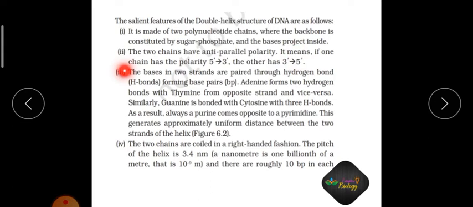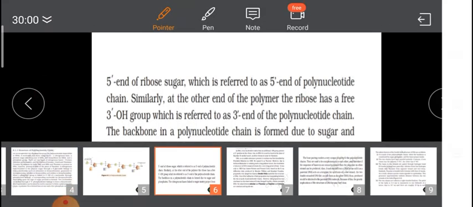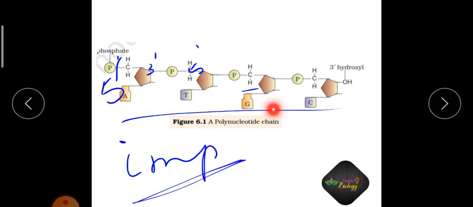Now the next one: the 2 chains have anti-parallel polarity. One chain is going to be in 5' to 3' direction, the other chain is going to be 3' to 5'. Already we have discussed polarity in the diagram. This is the 5' end, this is the 3' end. 5' is the phosphate end, 3' is the OH end.